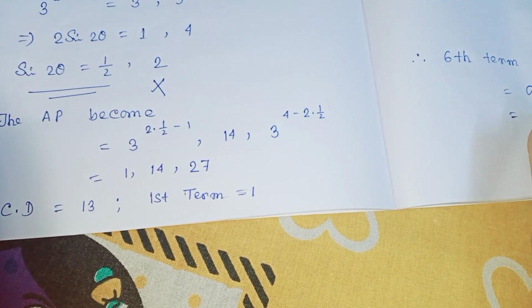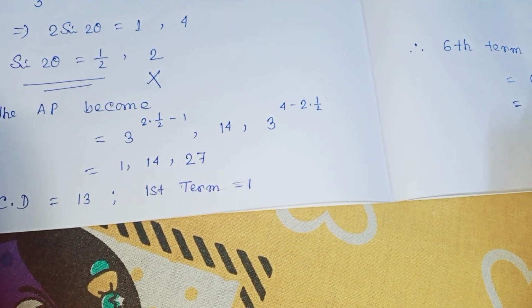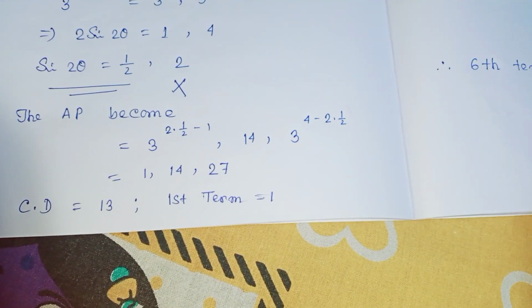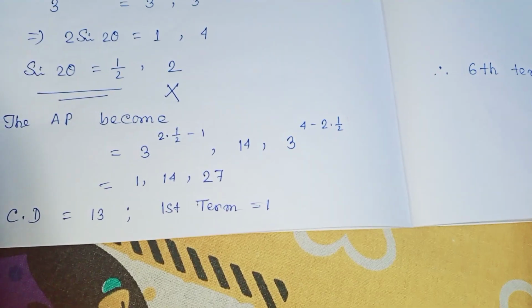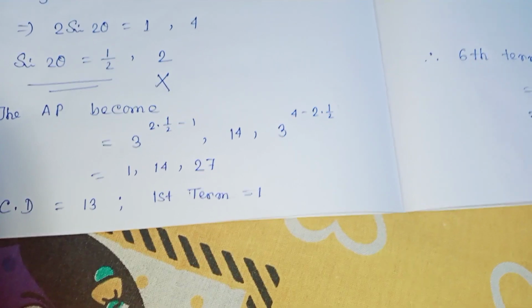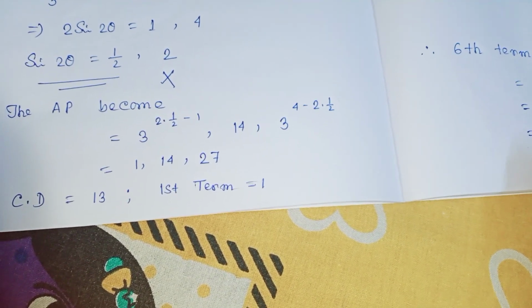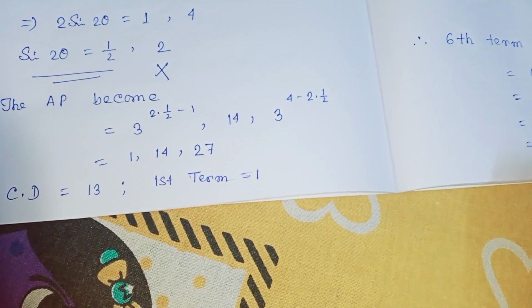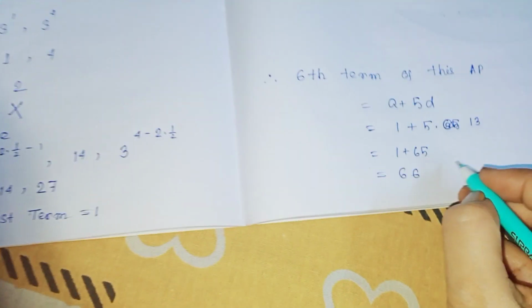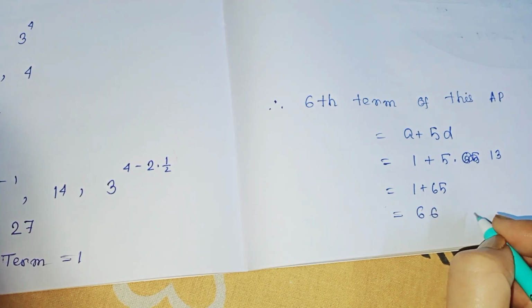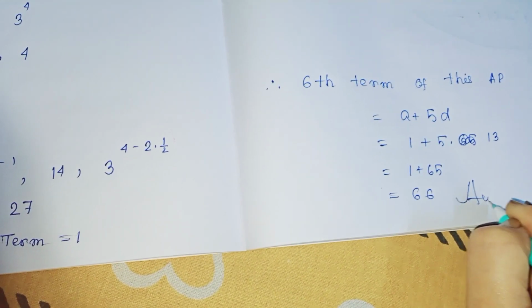So 1 plus 5 into 13, that means 1 plus 65, which is equal to 66. So the sixth term of the AP is equal to 66.